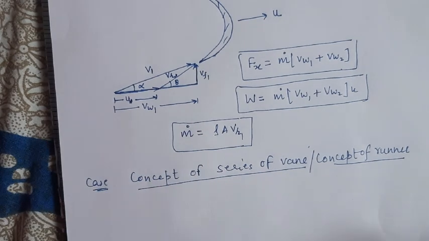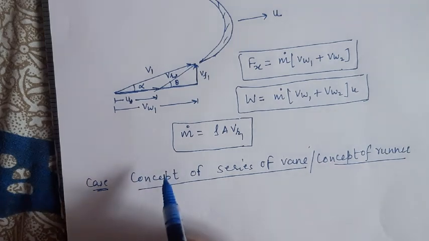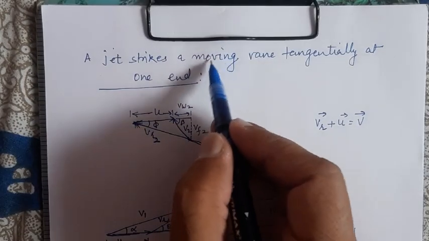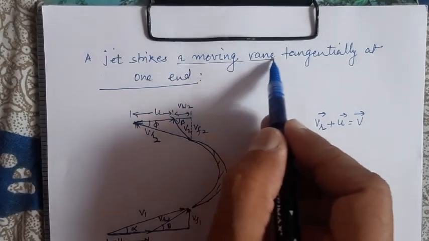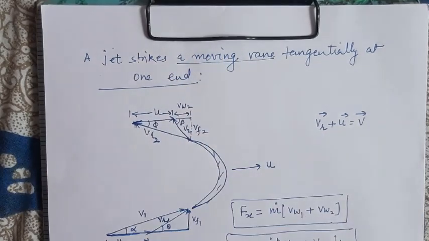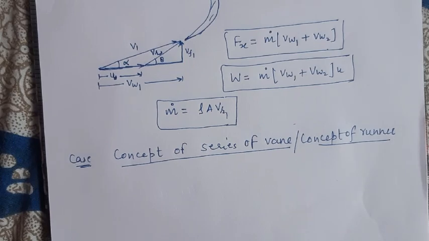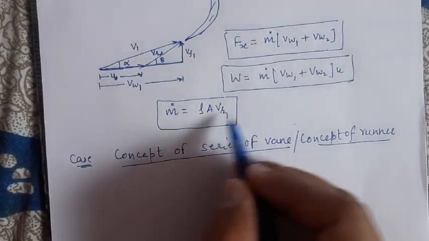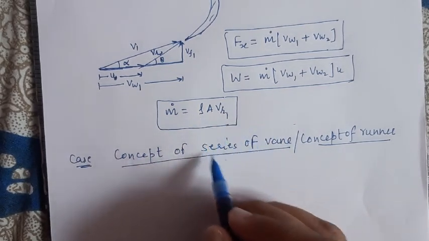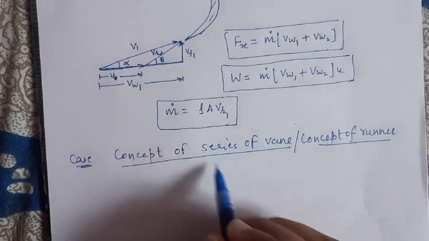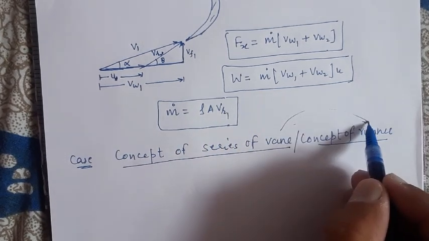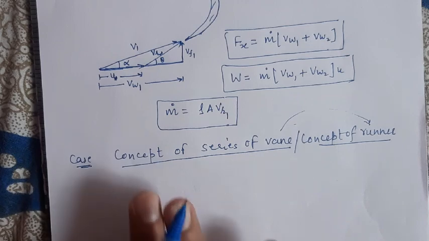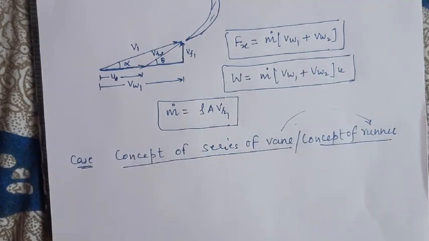Please listen to me very carefully. In the previous case, we did a single moving vane. Now we are dealing with the concept of a series of vanes mounted on a wheel. When a series of vanes are mounted on a wheel, then it becomes a runner. So you can say either the concept of a series of vanes or the concept of a runner.